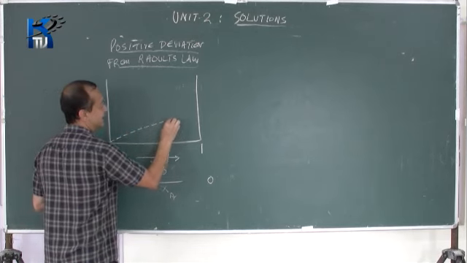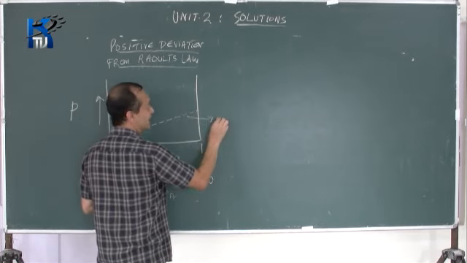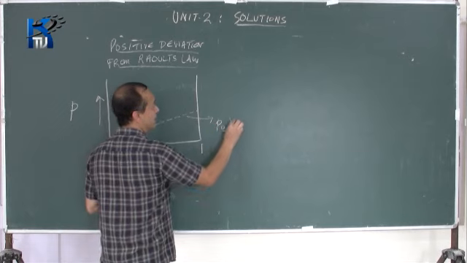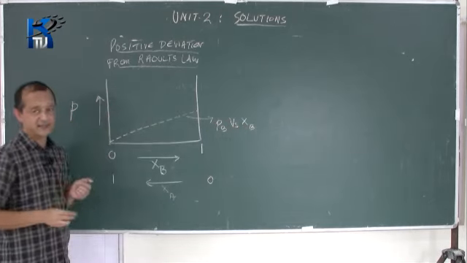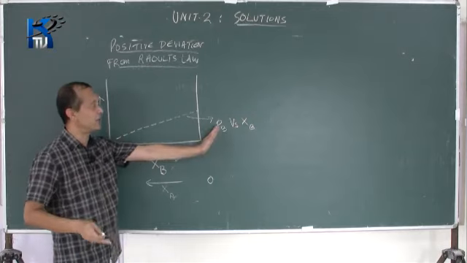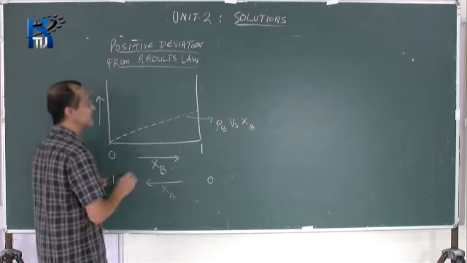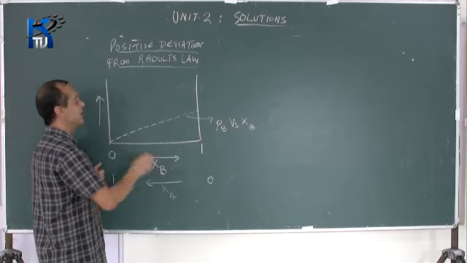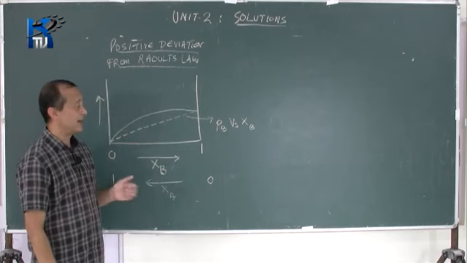The graph we learned in the last lesson was that if it is an ideal solution, then the graph will look like this. This graph represents partial pressure of B versus mole fraction of B. This is what the graph will look like if it obeys Raoult's law. But since it does not obey Raoult's law, the graph will look like this, a curve.